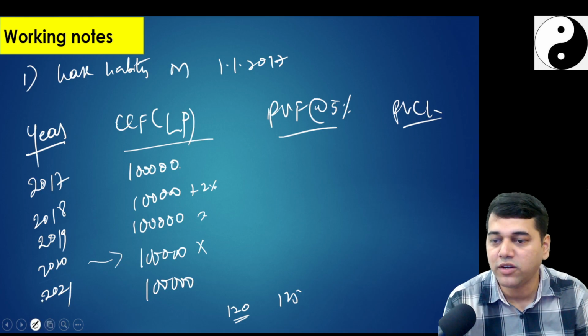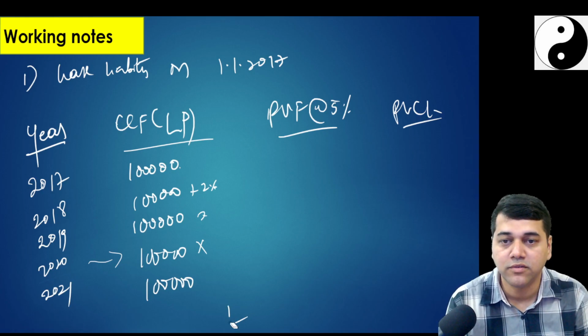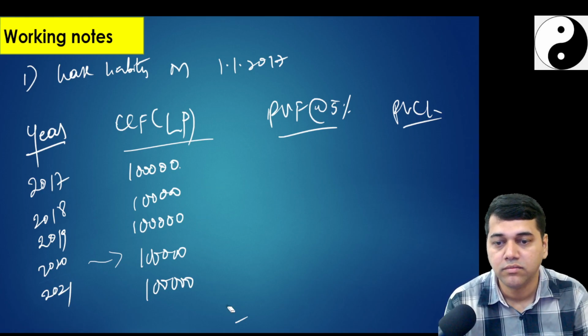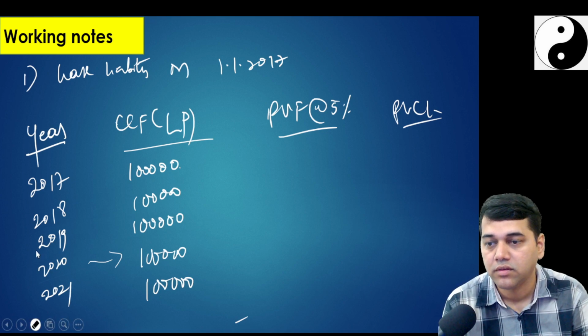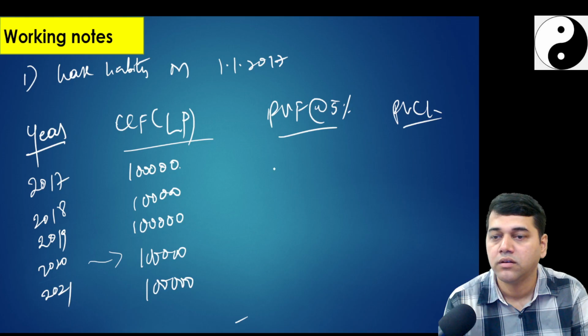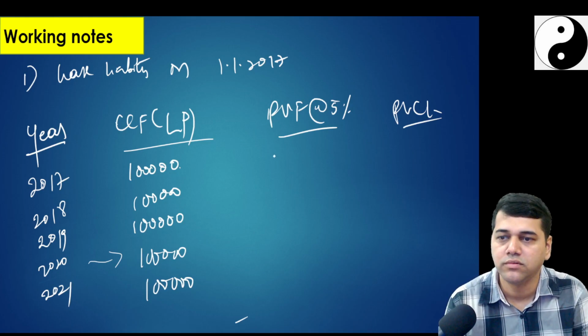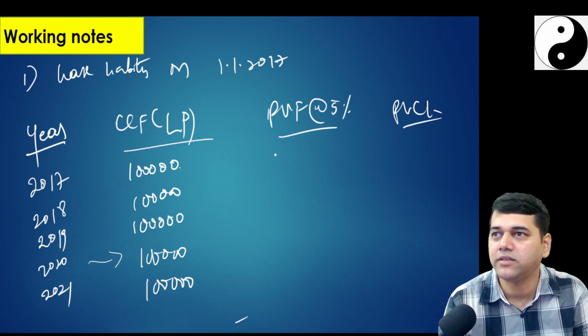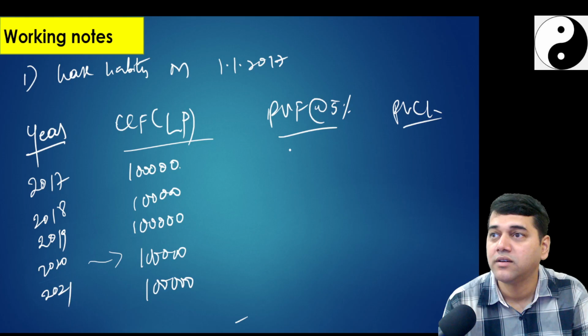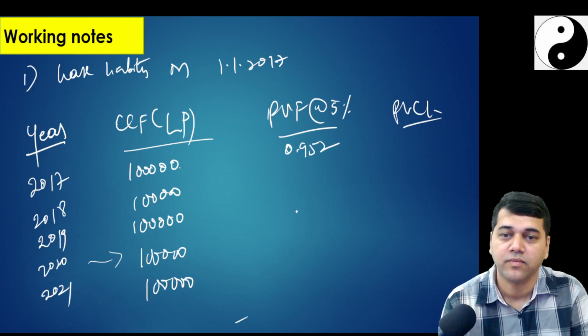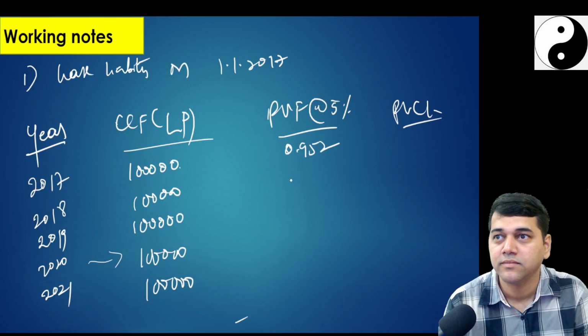Yes. So what is my present value factor? First one? We can do it with the annuity factor also, not an issue. So what is that first one? 0.952. Correct, no? Then 0.907.